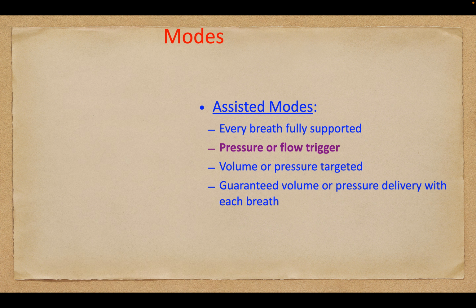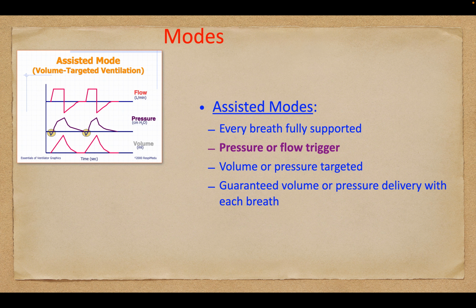The assist control modes are the modes where every breath is fully supported. It can be pressure or flow triggered, it can be volume or pressure targeted, and it guarantees volume or pressure delivery with each breath. As you could see, the same volume targeted ventilation, this is flow versus time, this is pressure versus time, and this is volume versus time.